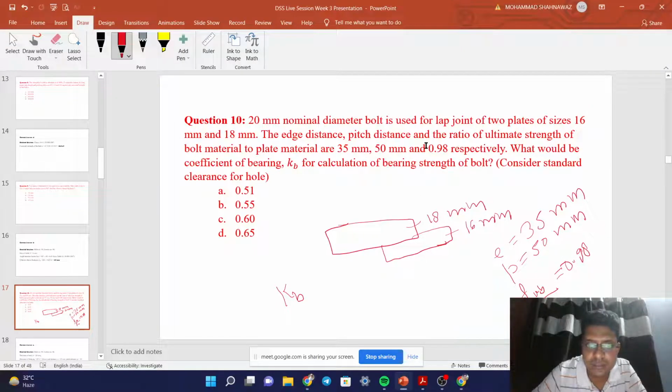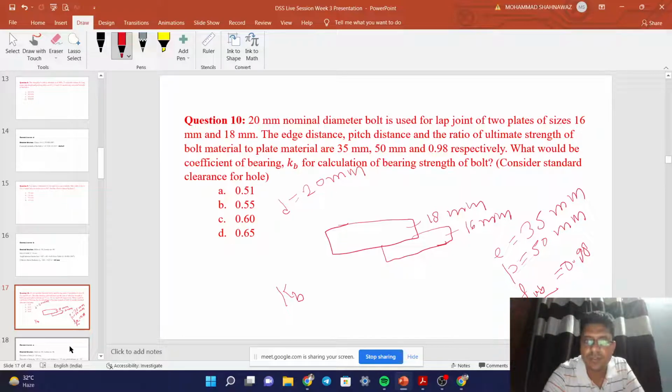So please calculate value of Kb. Diameter of bolt is given D equal to 20.